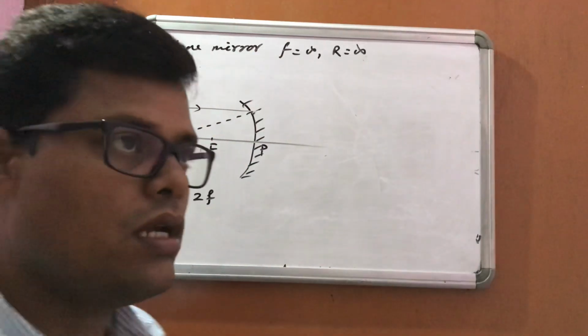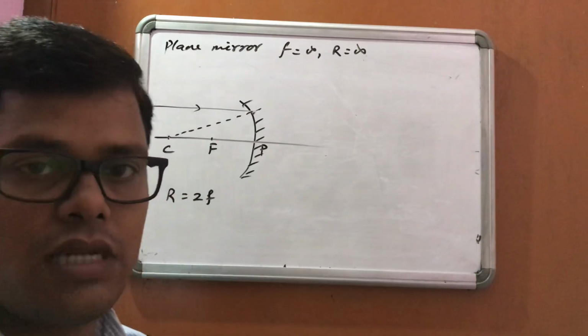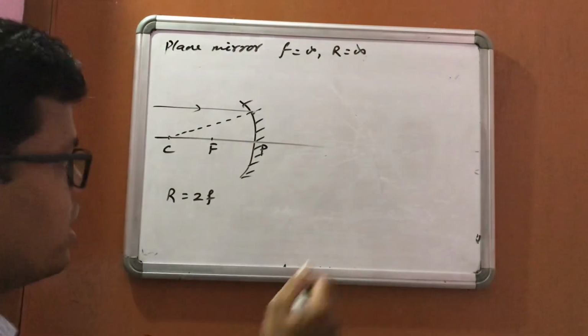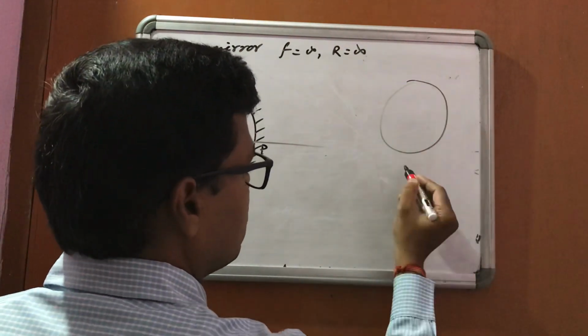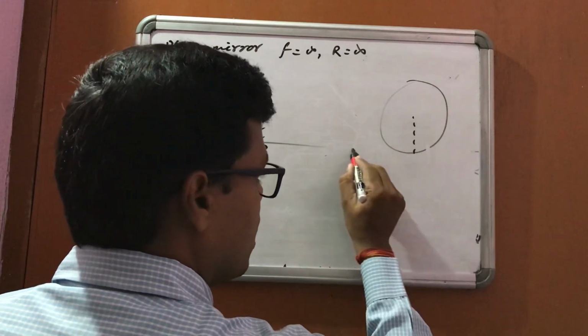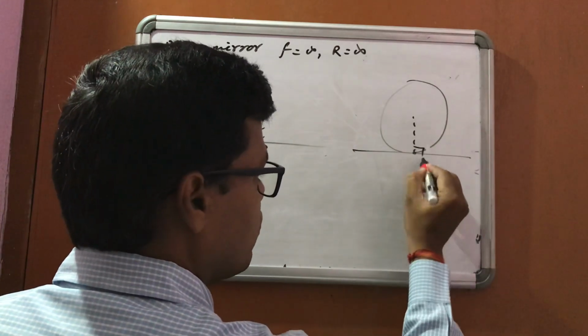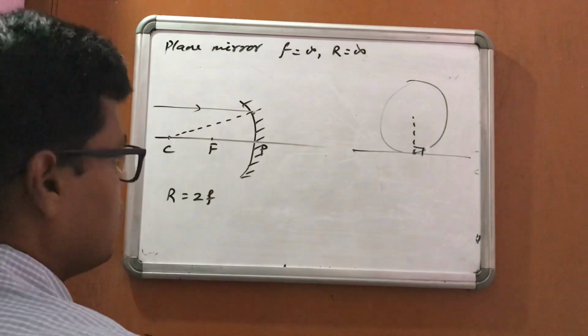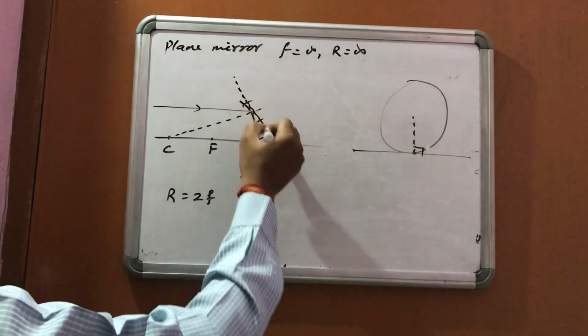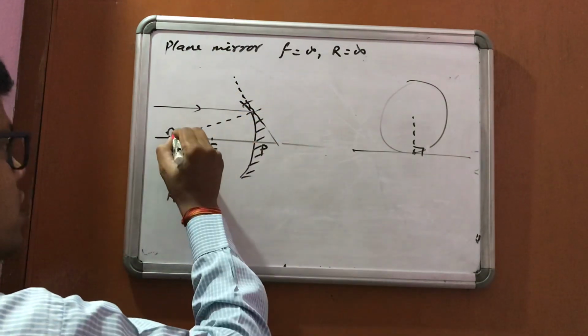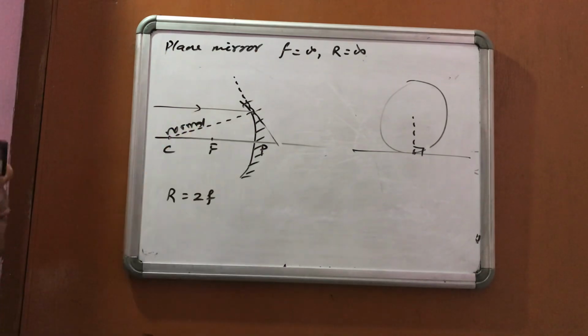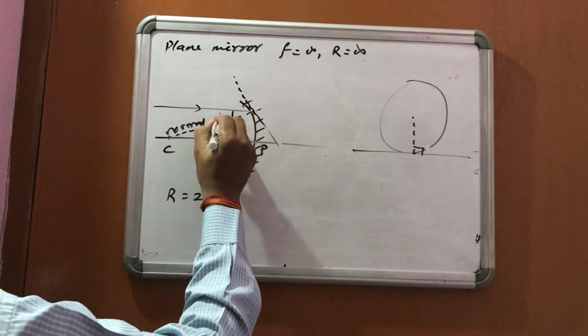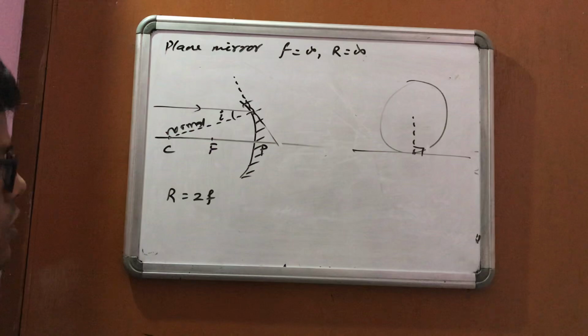You may have studied in class 9 mathematics that in case of a circle, the radius at the point of tangent is perpendicular to the tangent. So here if we draw a tangent, this is the normal. Look at here. This is the normal. This is the incident ray. This is the angle of incidence.